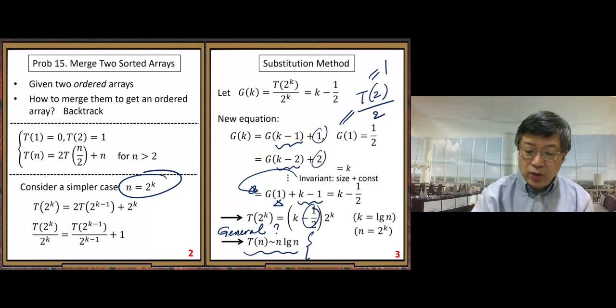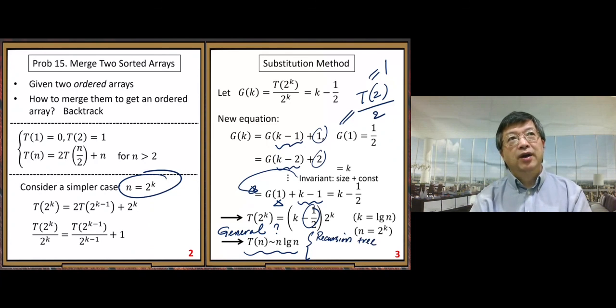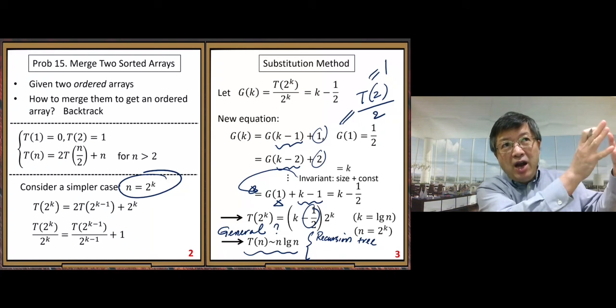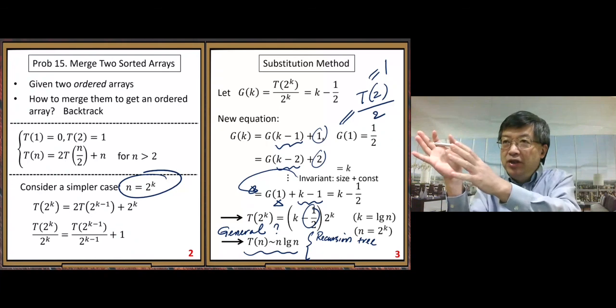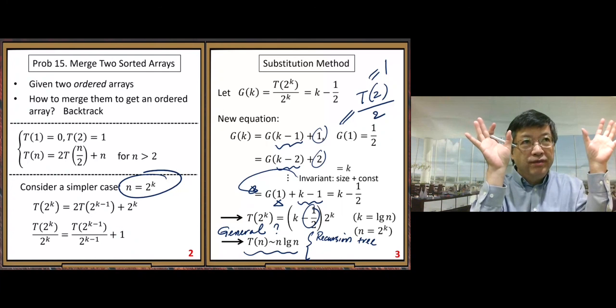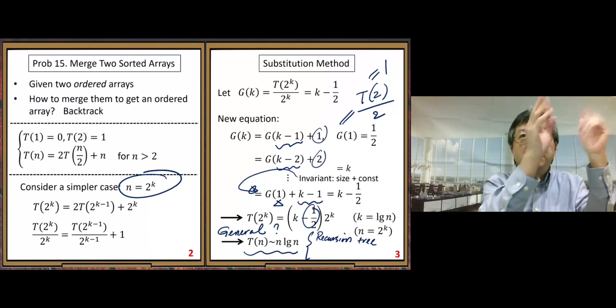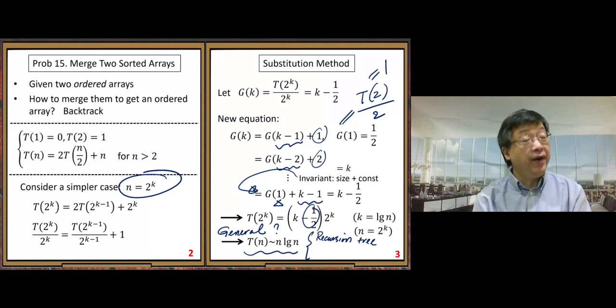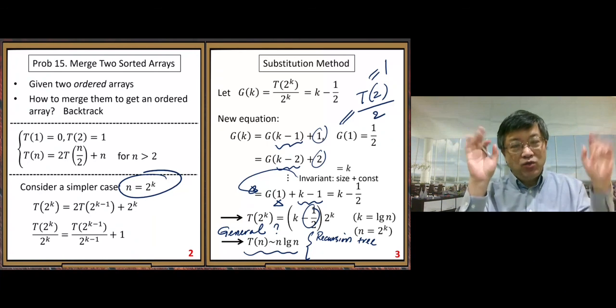The first way, in the next video I will talk about the recursion tree method. We did that before. Remember the recursion tree, the 3-element partition, 5-element partition? We used that to solve the selection problem. That's one method.